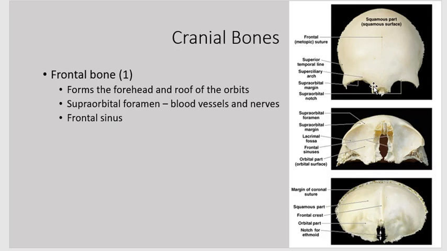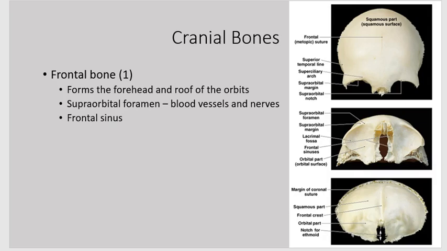And so it is a tiny hole found above the orbit. I think it's really neat. You also have your frontal sinus. That is going to be these air-filled cavities inside the frontal bone. So sometimes if you get sinus pressure, you can feel it right above your eyes, and those would be your frontal sinuses.